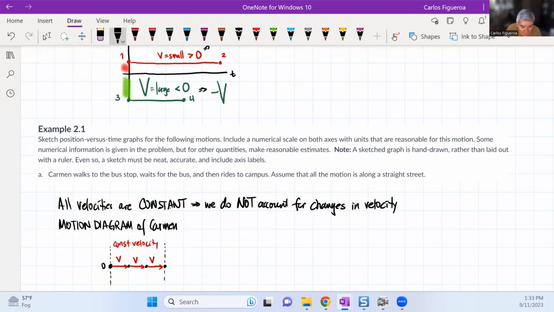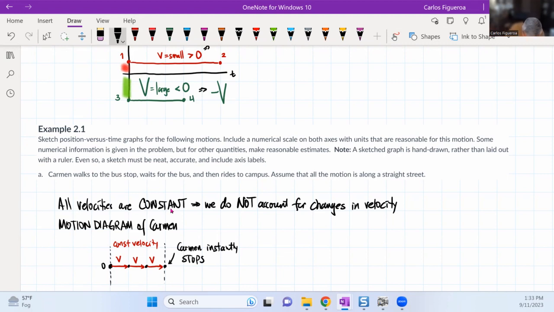But then I'm going to say something is super non-physical. Carmen instantly stops. She changes her velocity like infinitely fast. And at that point, she then stops and waits for the bus.